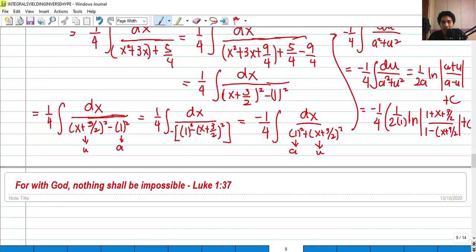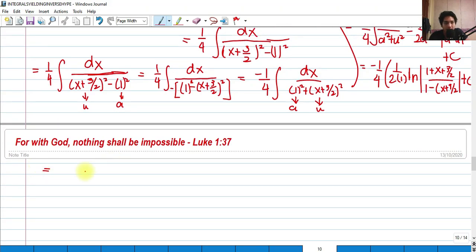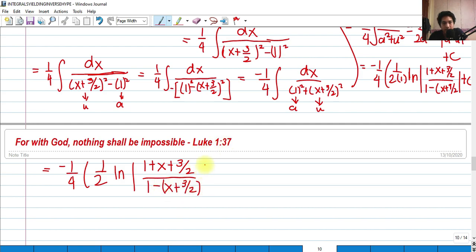So if we simplify that, let me just rewrite it so that you can see it clearly. So that would be negative 1/4 times 1/2 quantity ln, we have 1 plus x plus 3 halves all over 1 minus quantity x plus 3 halves.